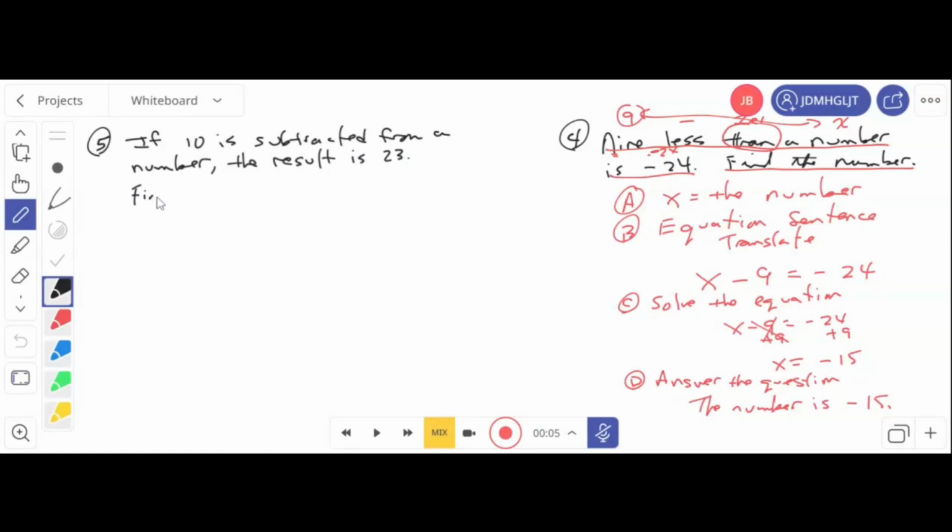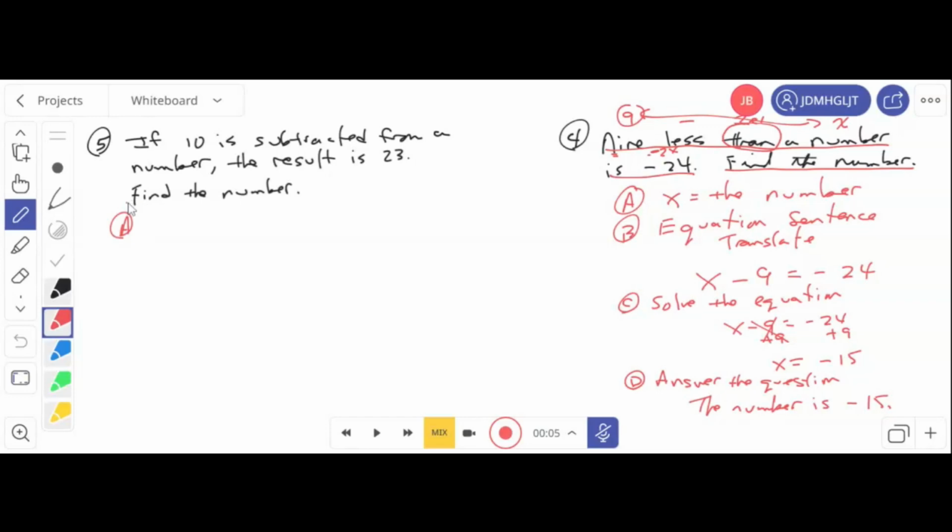Find the number. Okay, so a little bit different wording this time, but the process is the same.